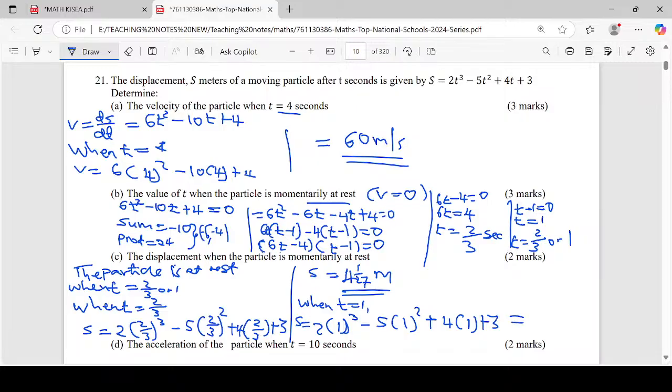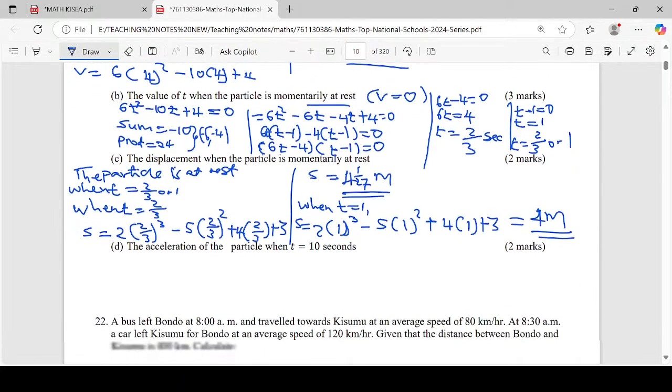When you do the replacement, learners, you are going to get 4 meters. So those are the displacements, and that's how you answer that part.